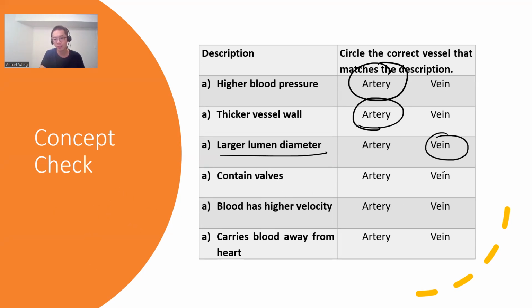Valves are found in veins. Remember the venous return that we talked about? The blood goes up and drops. You've got to catch it. Blood has a higher velocity in arteries. Carries blood away from the heart, that would be artery.